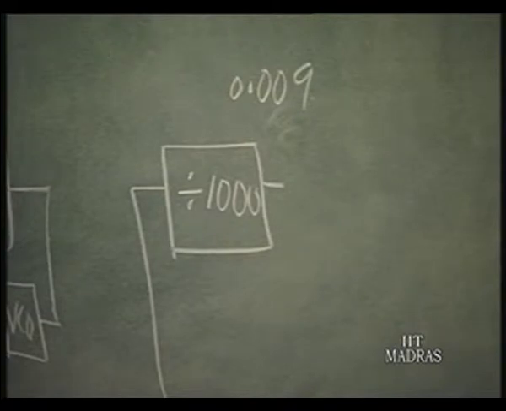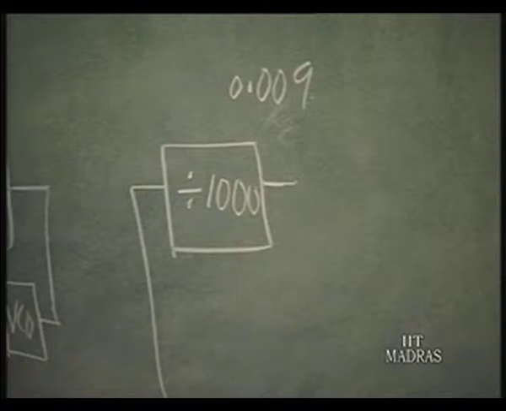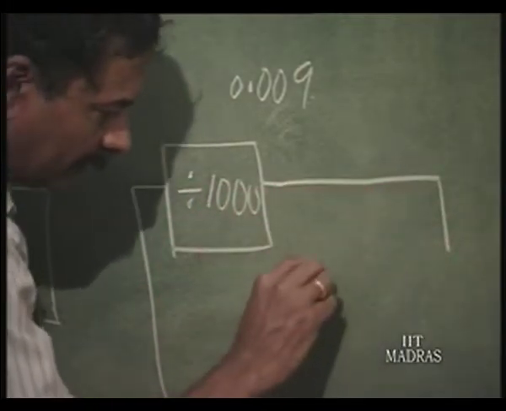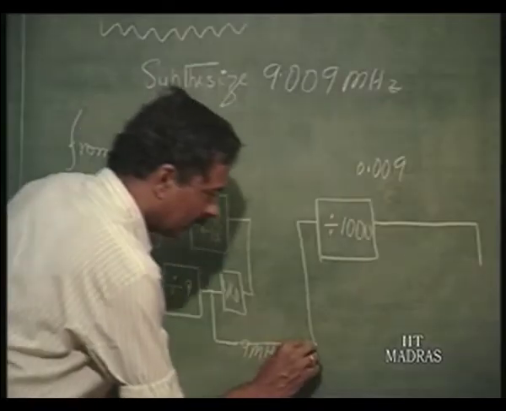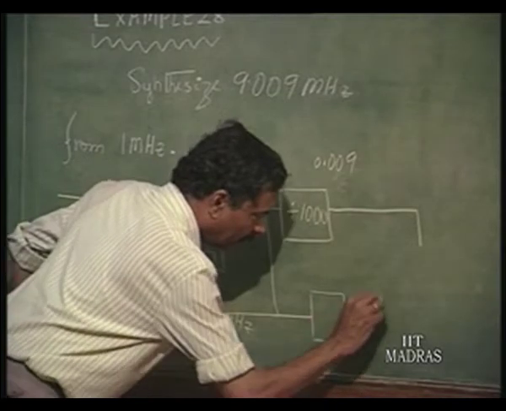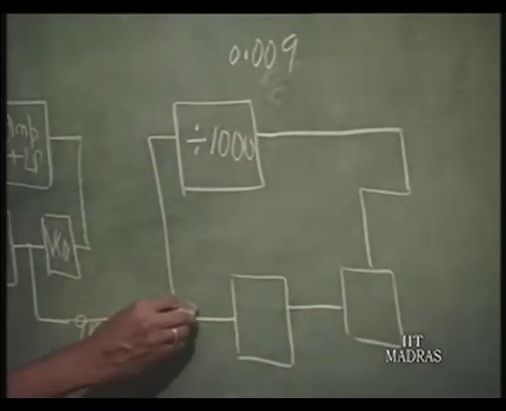So, divide by 1000 gives you 0.009. Now, I have to add this. So, I put again the 9 megahertz along with this 0.009 here as one input.